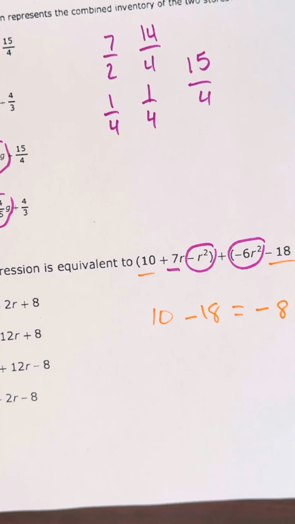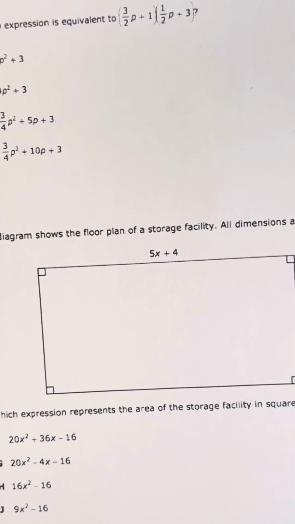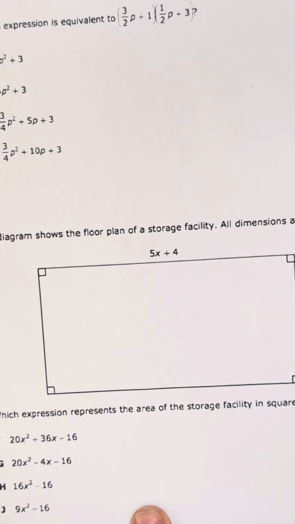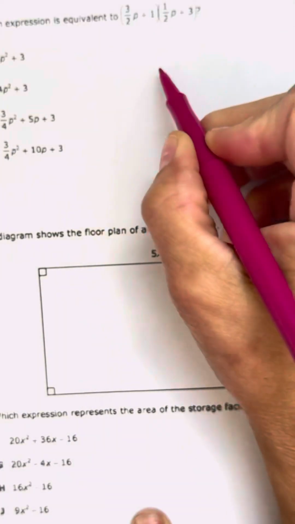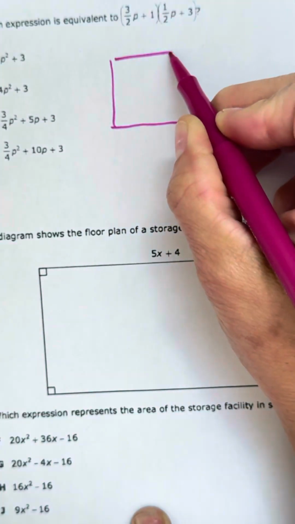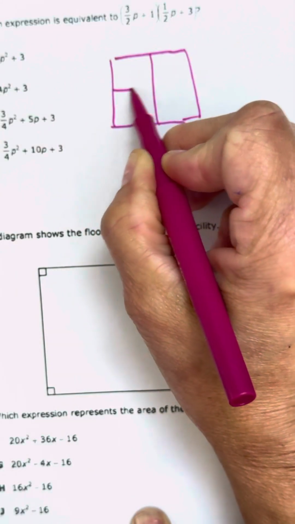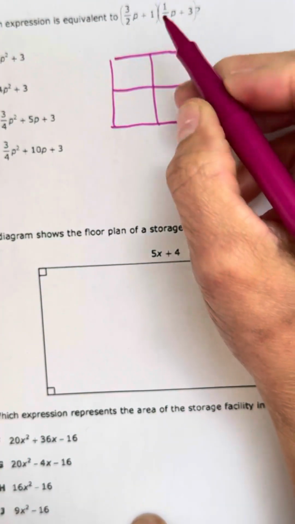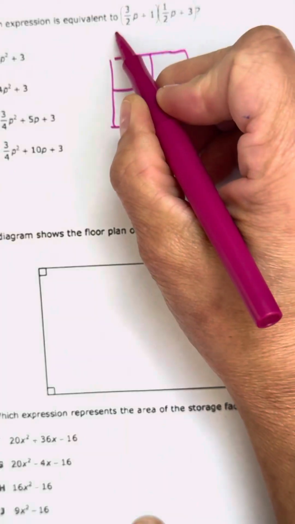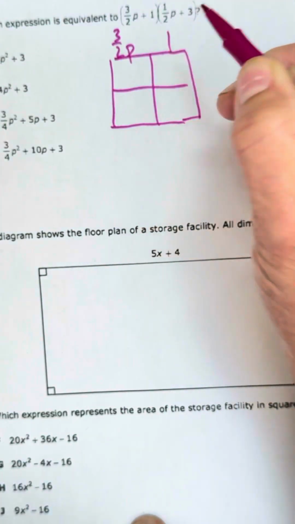Number 3 and 4 are distributing. So we did 3 in class today, and we haven't done number 4, but we're going to do the box method. And again, you can type it in Y1 and Y2, your answer, and then see which table matches.